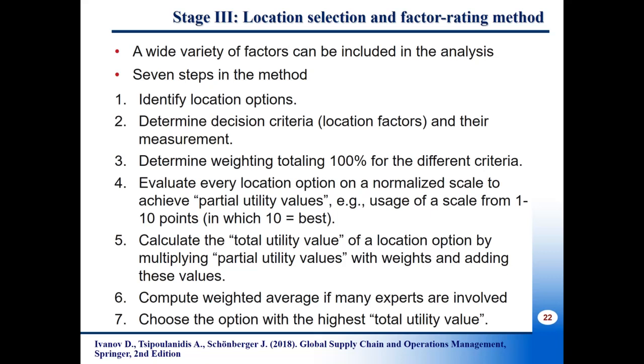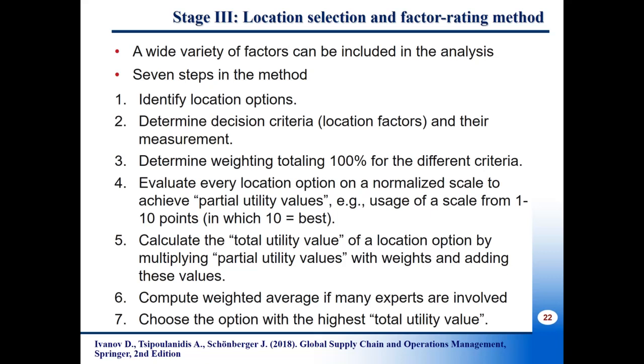About the criteria, we will see in the next slide what kind of criteria to be used. And then we have to determine weights totaling 100% for the different criteria. And then we evaluate every location option on a normalized scale to achieve partial utility values.